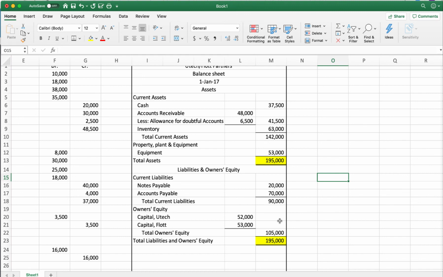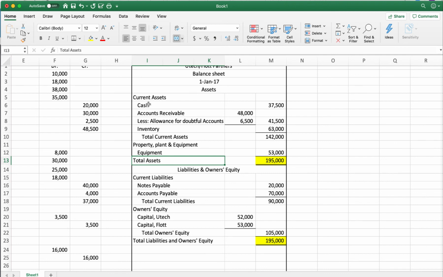Now, please be very cognizant of how we set up the balance sheet, right? Notice that we put a title. Hey, here's all my assets. Then I'm going to list each category of assets. Current assets. That's all we have, current assets. The property, plant, equipment. And then we totaled out the total assets, right?